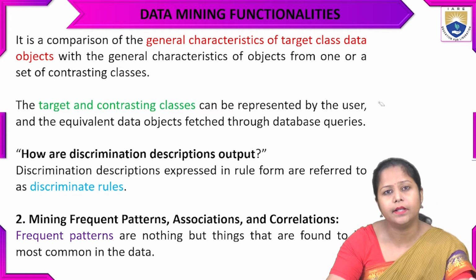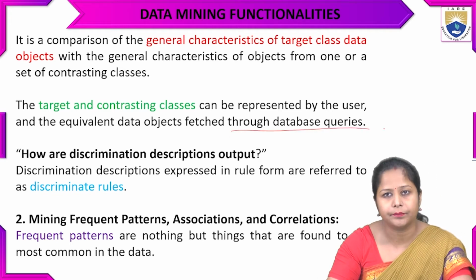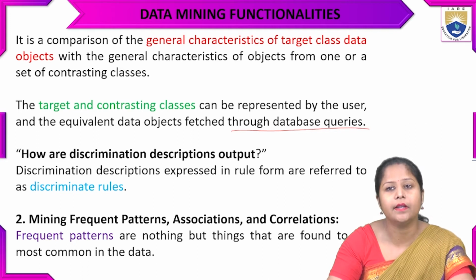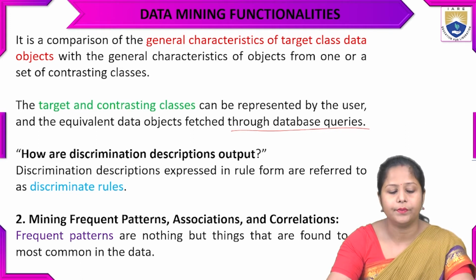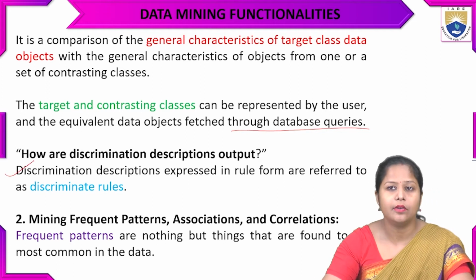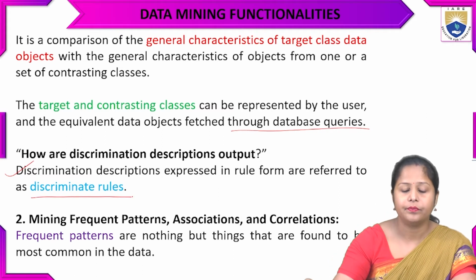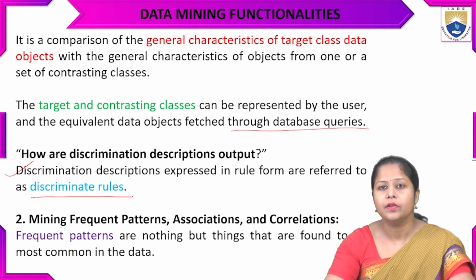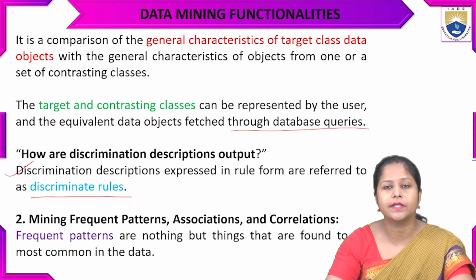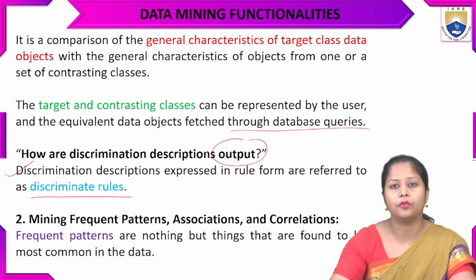The equivalent data objects are fetched from the database query. The discrimination descriptions expressed in rule form are referred to as discriminant rules.